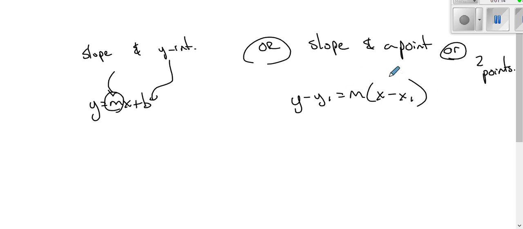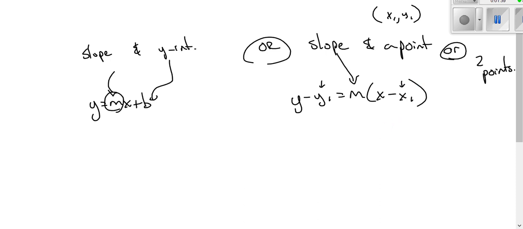And the way that this works is, well, the slope, again, is your m. Slope is always m. A point, if you have a point, we're just going to call whatever that point is x1, y1. Right? Whatever x, y you have will go into these 2 spots right here. Put your x there and your y right there. And then you can rearrange it to make it look better, but that's what you're going to plug those things in to create your equation.